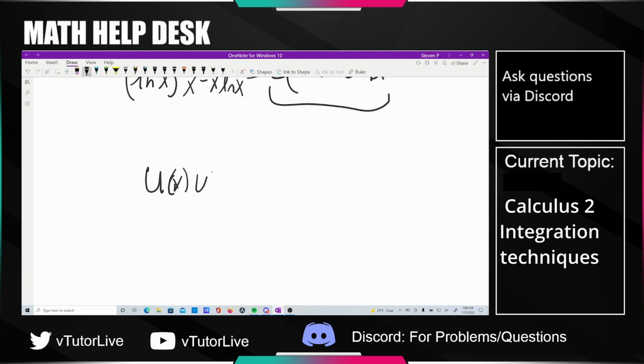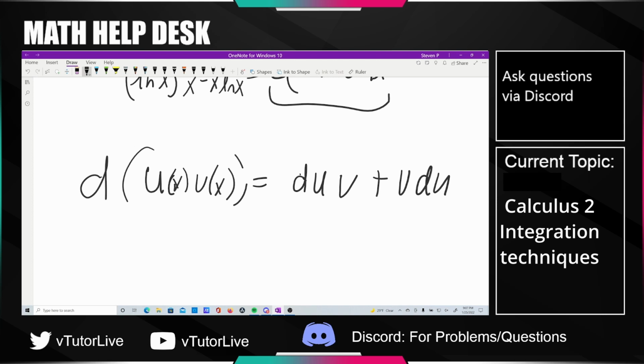The idea is that the product rule of this would basically be du over dx, sorry, it's not exactly the derivative with respect to x, it's more like the differential. So basically we're taking the derivative of this thing, right? So this sort of turns into du times v plus v times du. Yeah?